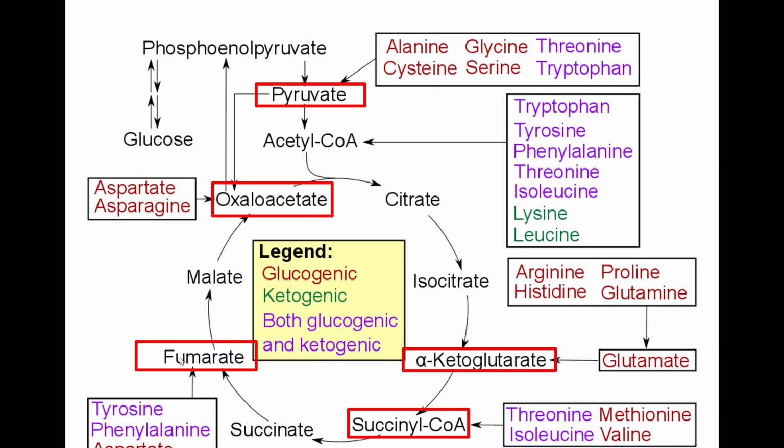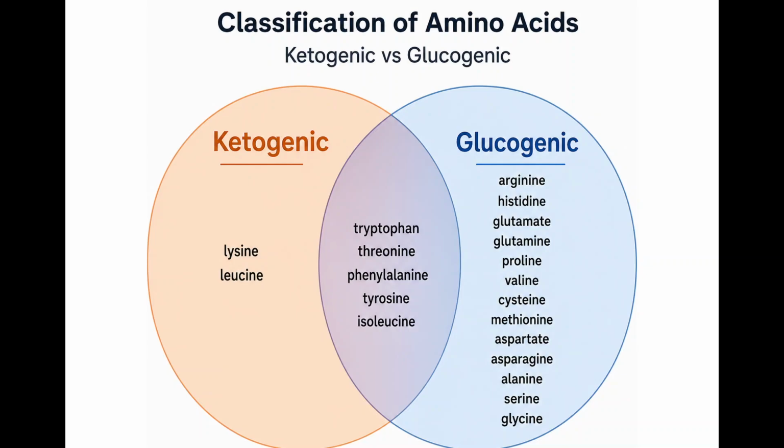So tyrosine metabolism will produce both acetyl-CoA and fumarate. As a result, what is the classification of tyrosine? Both glucogenic and ketogenic. And this applies to all the amino acids in purple, which are summarized here.